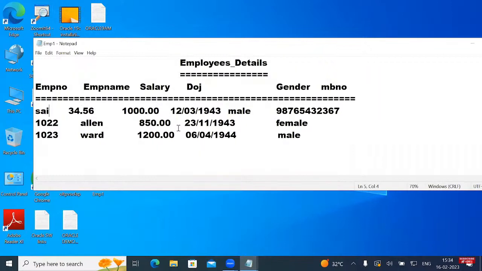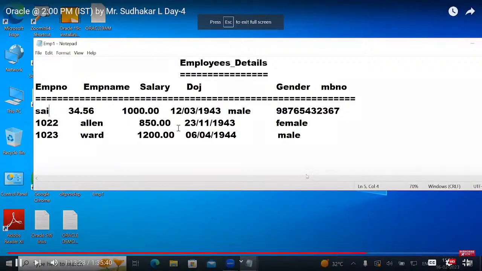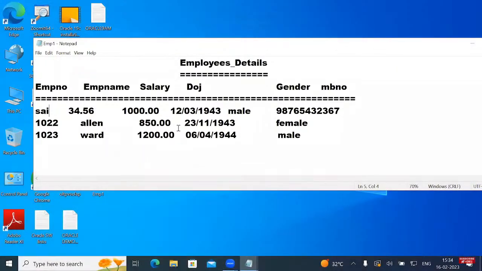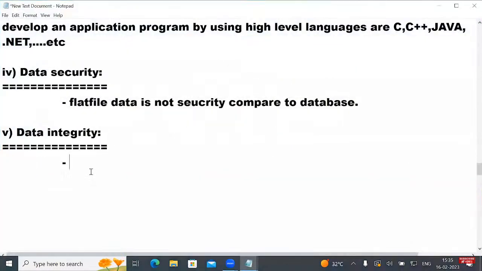That means data accuracy: exactly what you expect and what data you want, only that data I can store perfectly. So data integrity is nothing but validating data.